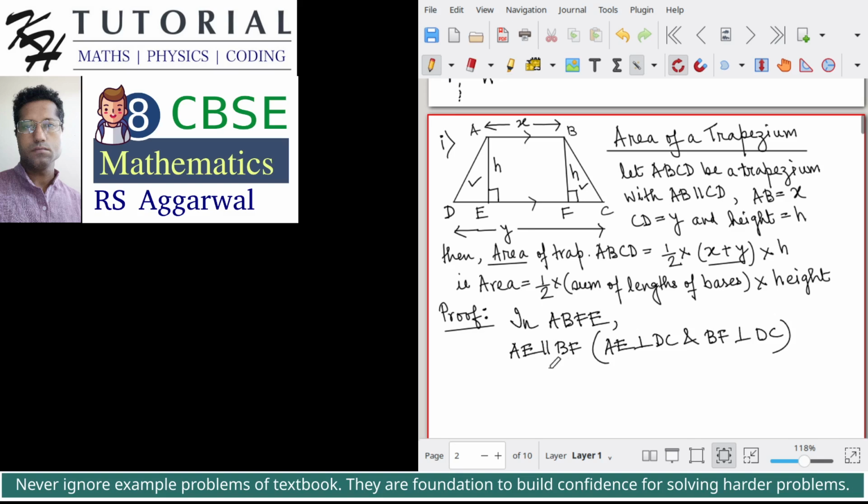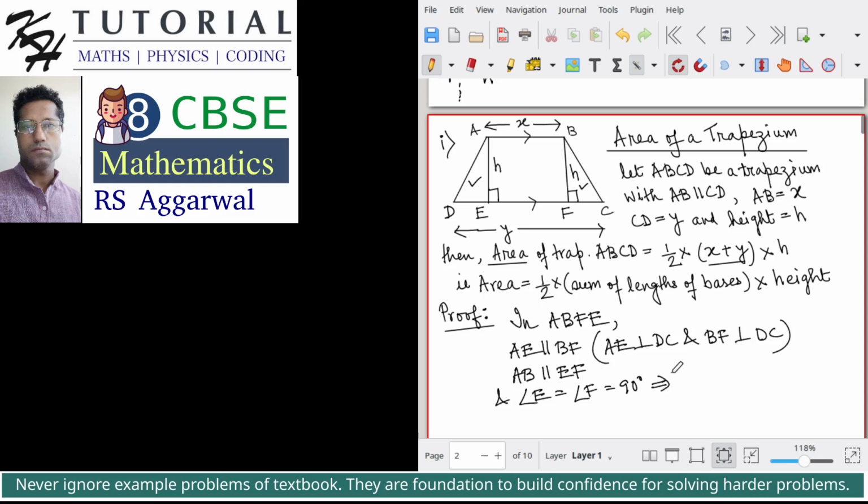And also AB is parallel to EF, and angle E is equal to angle F, they are both 90 degrees.